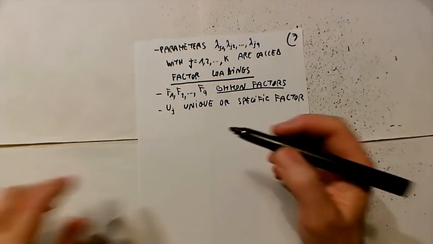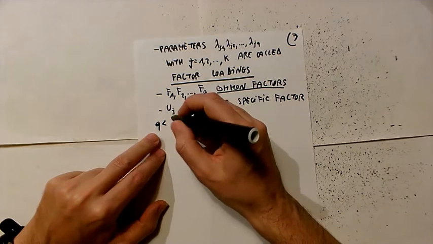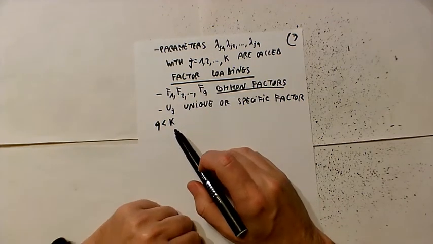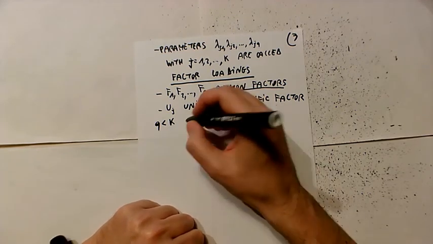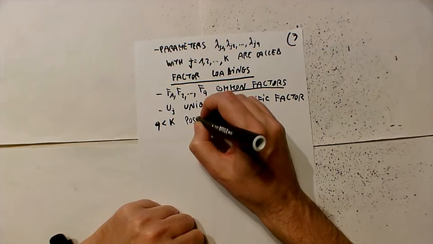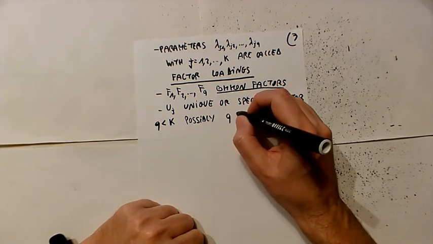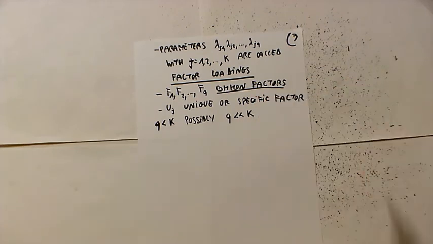So q is less than k, because k is the number of original variables, q is the number of common factors. Possibly q must be very much less than k.